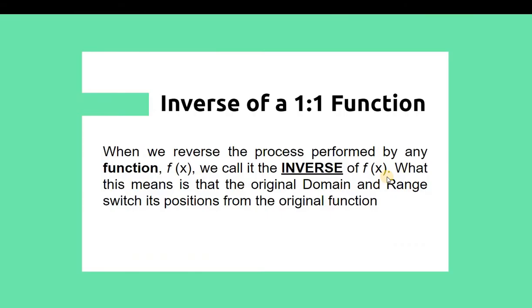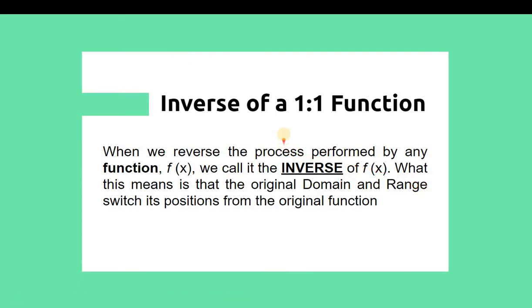So ngayon, let's try to define first what is the inverse of a 1:1 function para mas maintindihan natin siya. When we reverse the process performed by any function, f(x), we call it the inverse of f(x). What this means is that the original domain and range switch their positions from the original function. From the term itself, inverse, dati, we have this domain and range, okay?